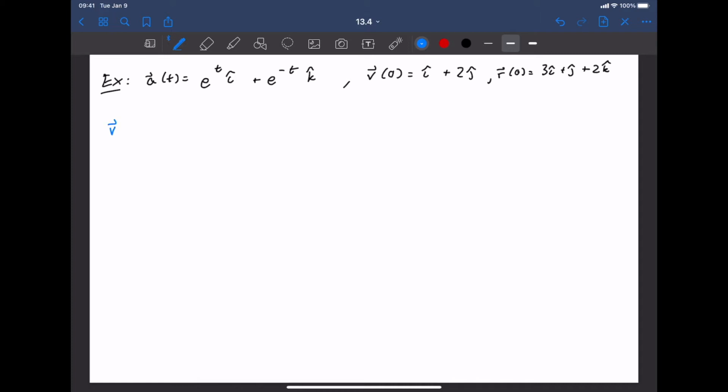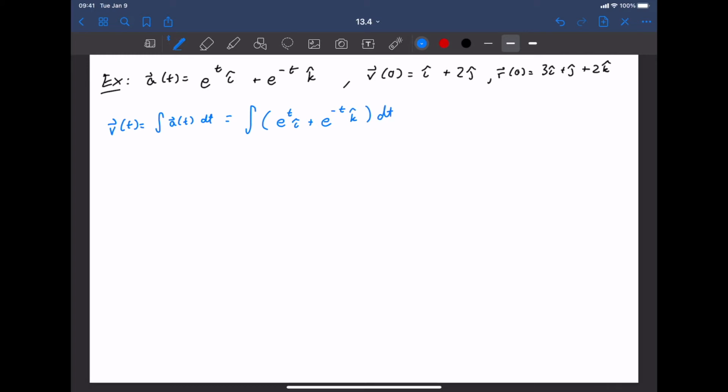Well, my velocity function is going to be the antiderivative of the acceleration function with respect to time. And then I'll have to figure out the initial condition. So we're trying to integrate e to the t in the i direction plus e to the negative t in the k direction, with respect to time.